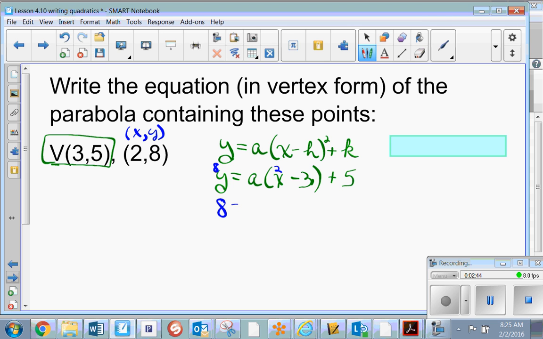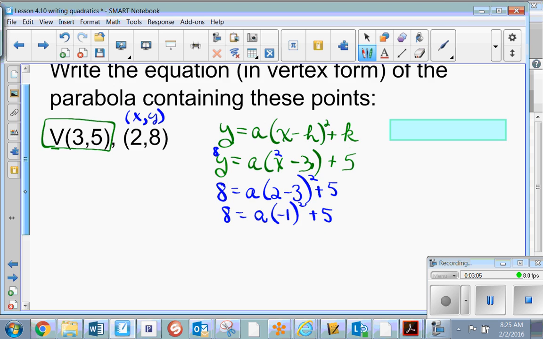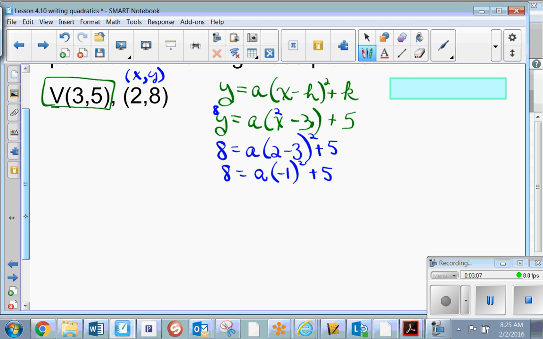So that's what I'm going to do. 8 equals a times (2 minus 3) squared plus 5. 8 equals a times negative 1 squared, so negative 1 squared is just going to be 1 times a.